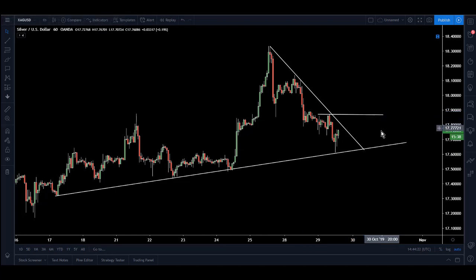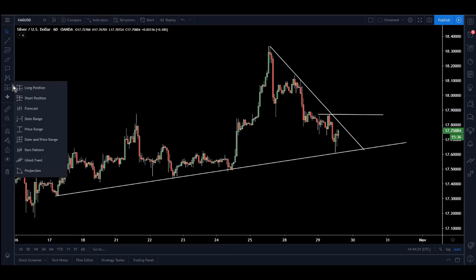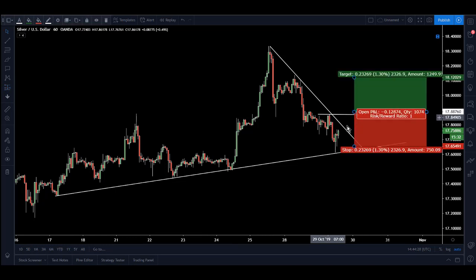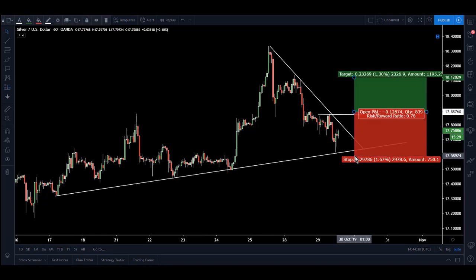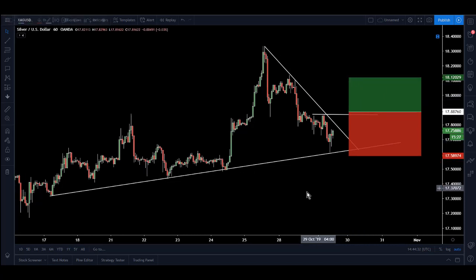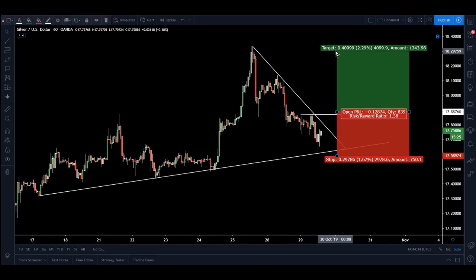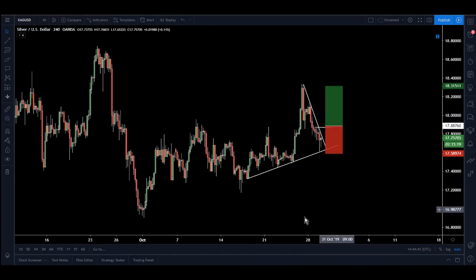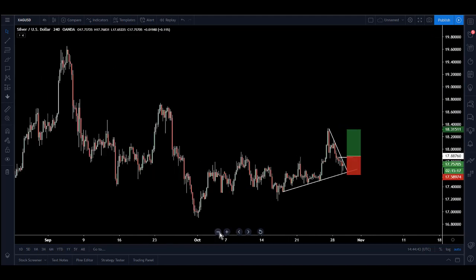So potentially if you can't be around, you could even place a buy stop above this high here, stop loss below this low, and if we do get that change of cycle, then you'll be triggered into the market. Let's look to the left. You could trade it back into this high here.